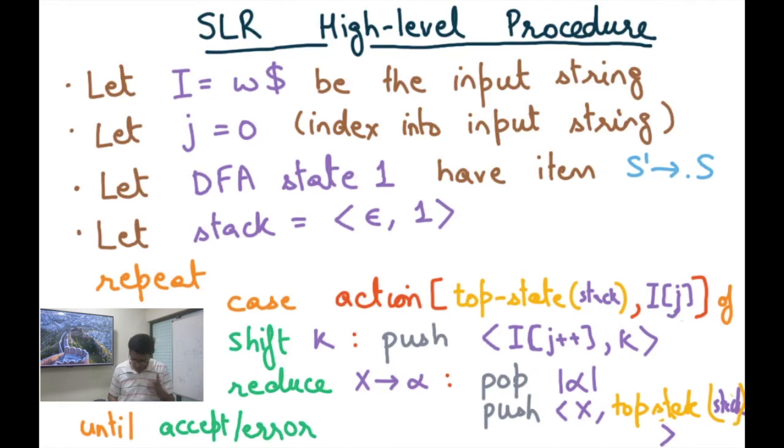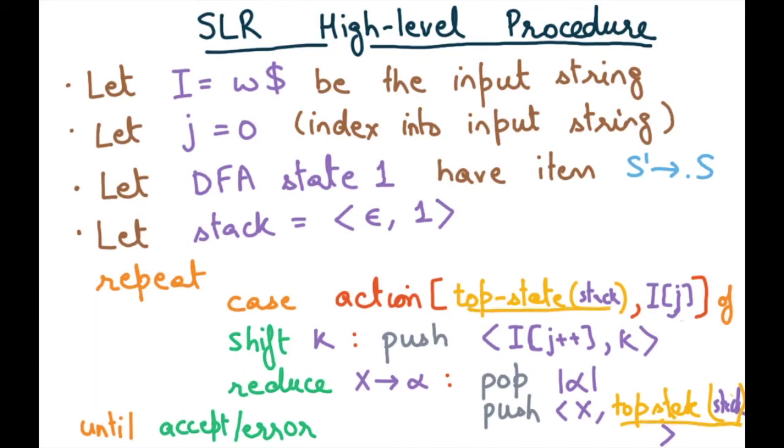So it's clear that I need to pop off alpha and then I need to push X, but the only question is what state I should be in. So I'm just going to look at the state that is left after popping |alpha| symbols from the stack, and then I'm going to run the DFA on X, and that's going to give me the new state, top state prime of stack.